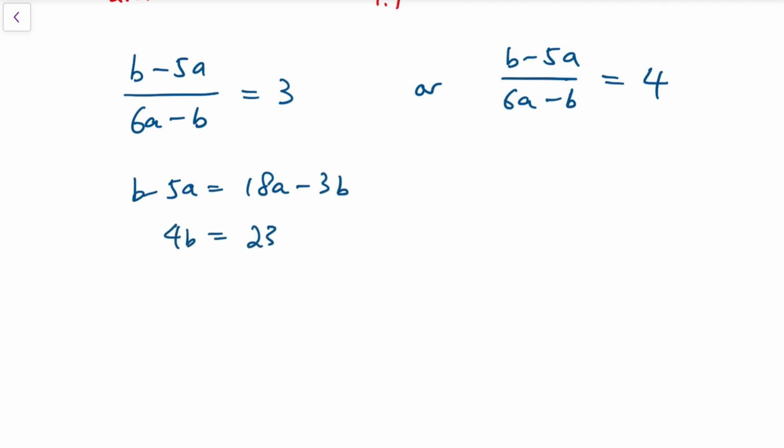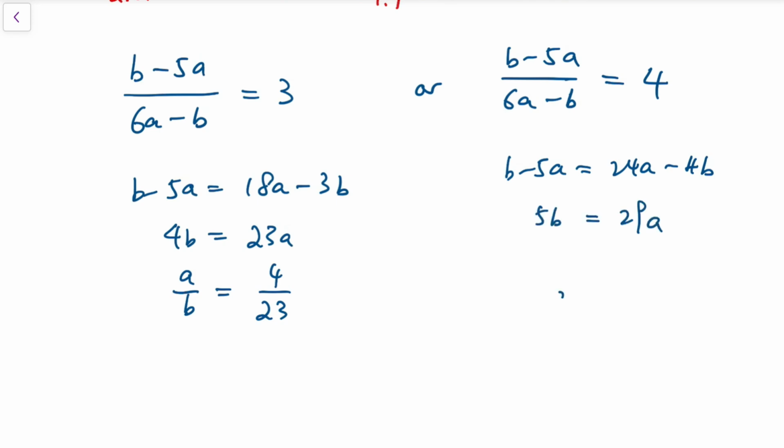Then it's some simple arithmetic. For the first case, we have 4 over 23, while for the other case, by solving, we have the required fraction to be 5 over 29.